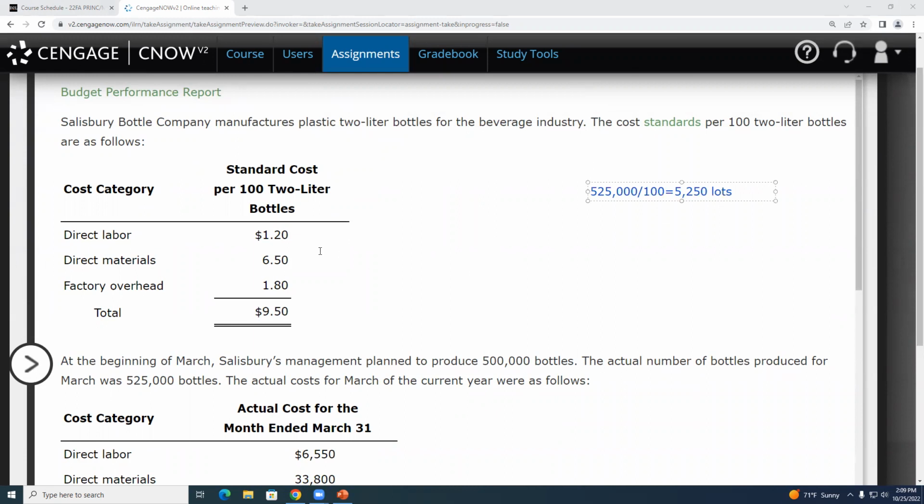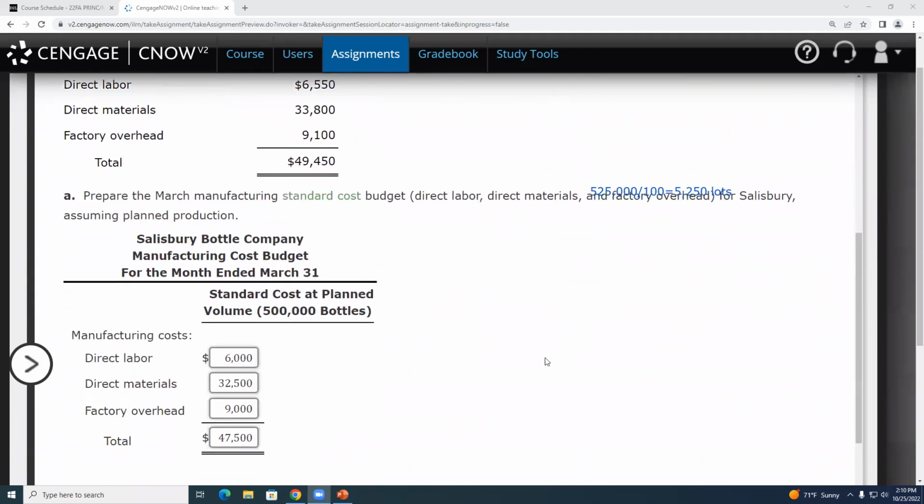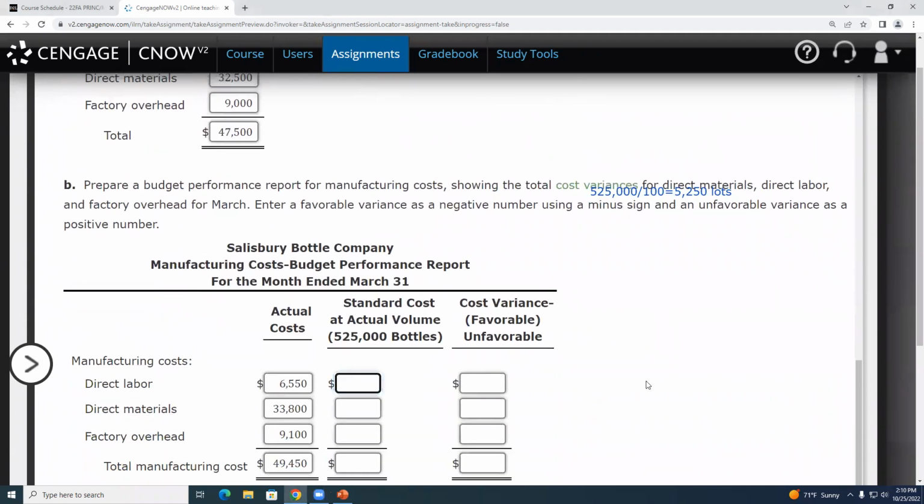So we're going to take for each one of these costs, direct labor, direct materials, and overhead, we're going to multiply that by 5,250 to determine if we had known how many bottles we would produce, what would our budget have been? $1.20 times 5,250, whoops, is $6,300.